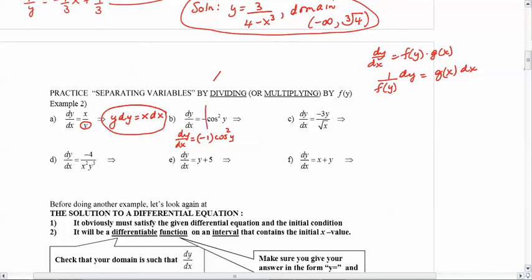I'm going to write it above just because I don't quite have enough room. So remember what I'm trying to do. I'm trying to get the function of y on the left-hand side. How do I do that? It's sitting there in the numerator, so I'm going to multiply by 1 over cosine squared y on the left-hand side. And that's going to equal -1 dx. Right?